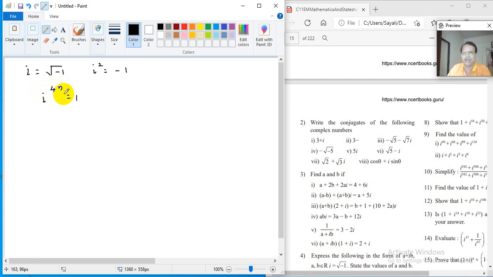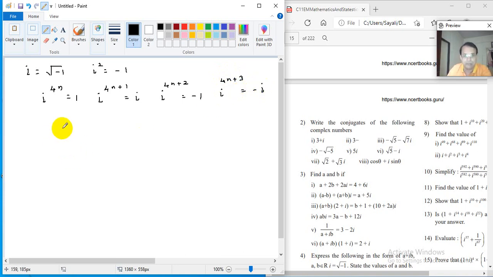It is not a fraction, not a rational number, not an irrational number, it is an integer. n belongs to Z. So i raised to 4n is 1, i raised to 4n plus 1 is i, i raised to 4n plus 2 is equal to -1, and i raised to 4n plus 3 is equal to -i.